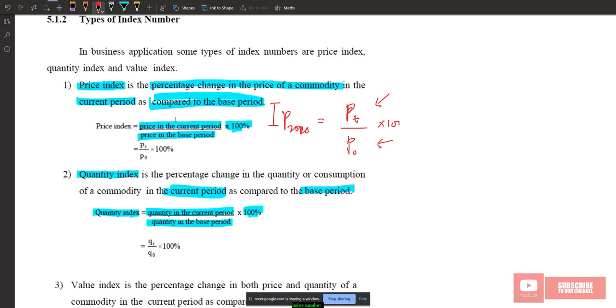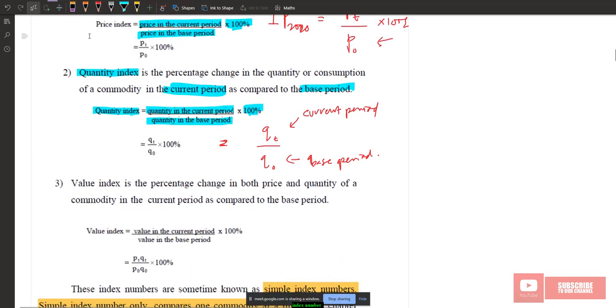And then multiplied by 100%. Same goes for quantity index. Quantity index: QT represents quantity in current period divided by Q naught, which is the quantity for base period, right?